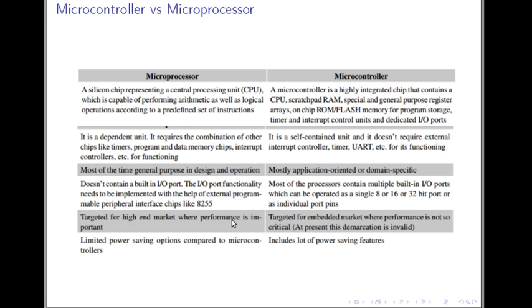Also, most microprocessors are based on Harvard architecture, while microcontrollers are based on Princeton or von Neumann architecture. In Harvard architecture, there are different buses for data and instructions. In von Neumann or Princeton architecture, there is only a single bus for both instructions and data.